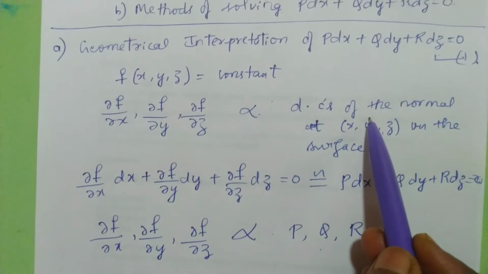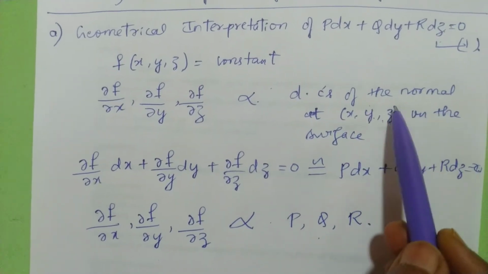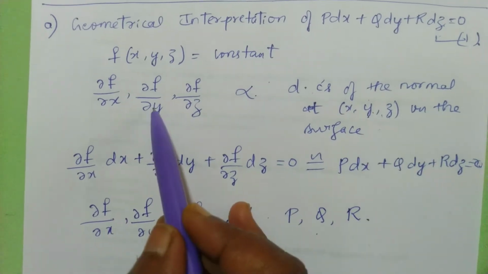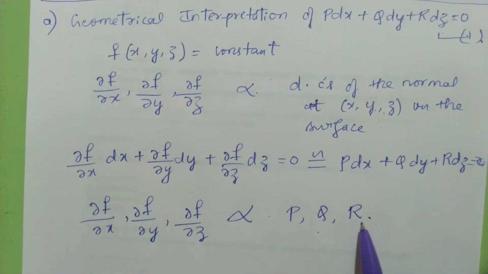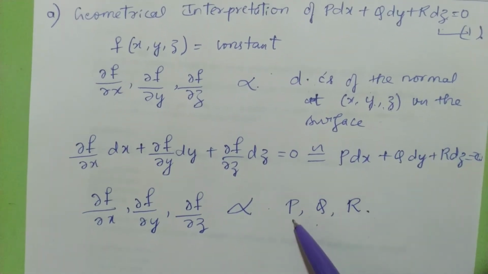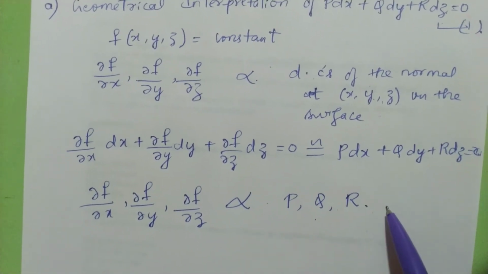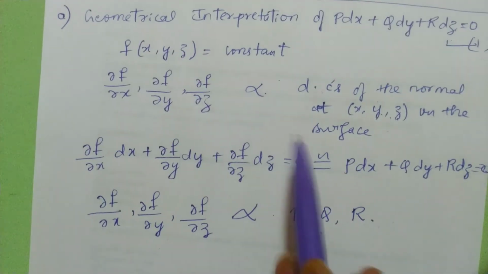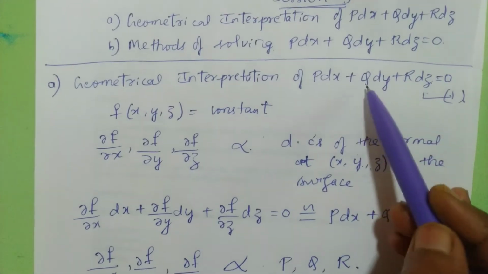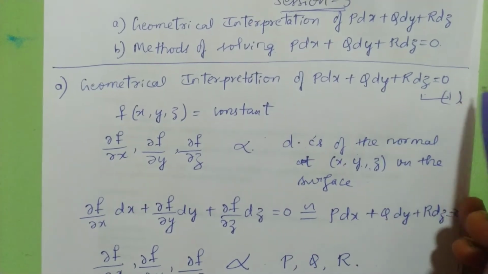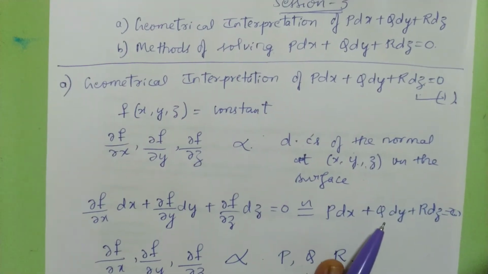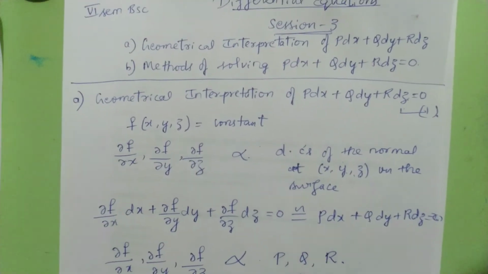Since this is proportional to the direction cosines of the normal, and this is again proportional to PQR, we can say the direction cosines are directly proportional to PQR. So the infinite system of surfaces will be there in pdx plus qdy plus rdz is equal to 0. This is our geometrical interpretation of the system.